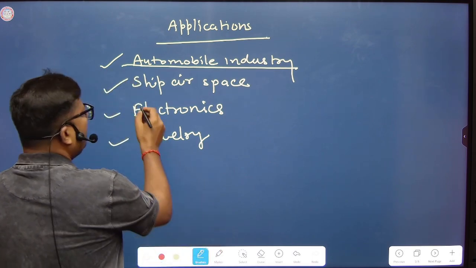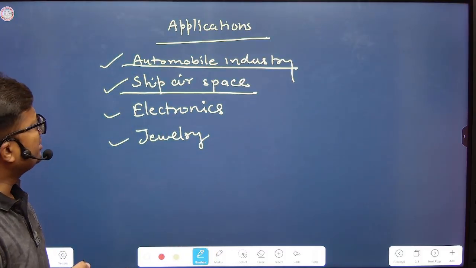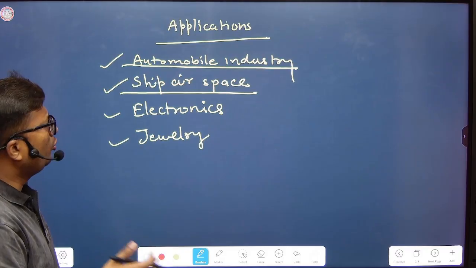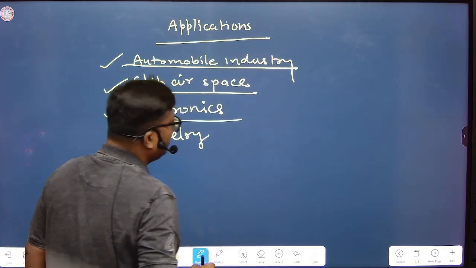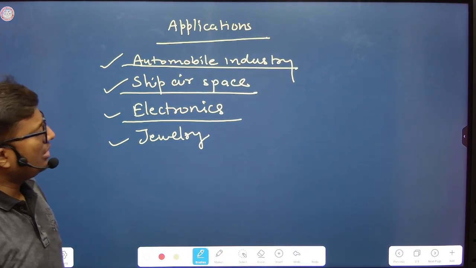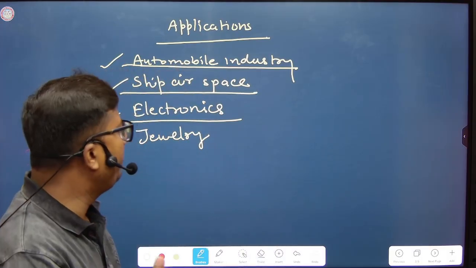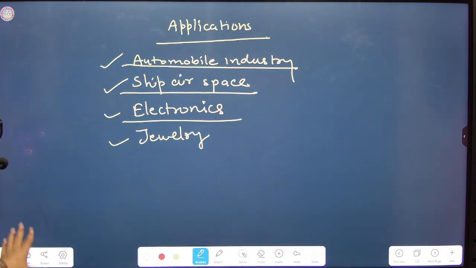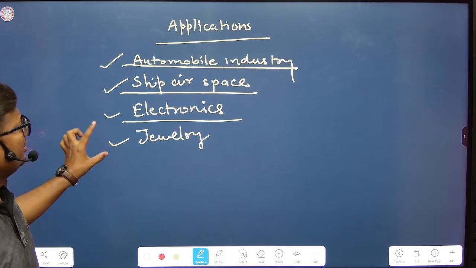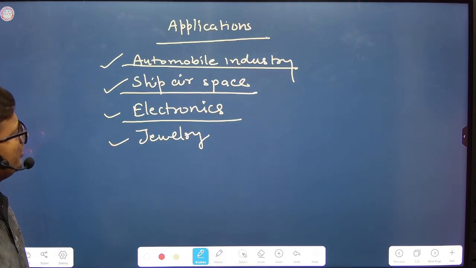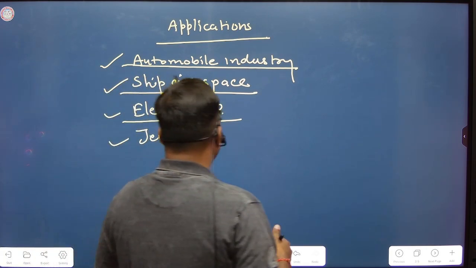Ship and aerospace technology has a very big role for electroplating, and electronic devices are also processed through electroplating. Because if you want to increase the efficiency and function of the electronic device, we must electroplate the internal or external surface of the parts, right?